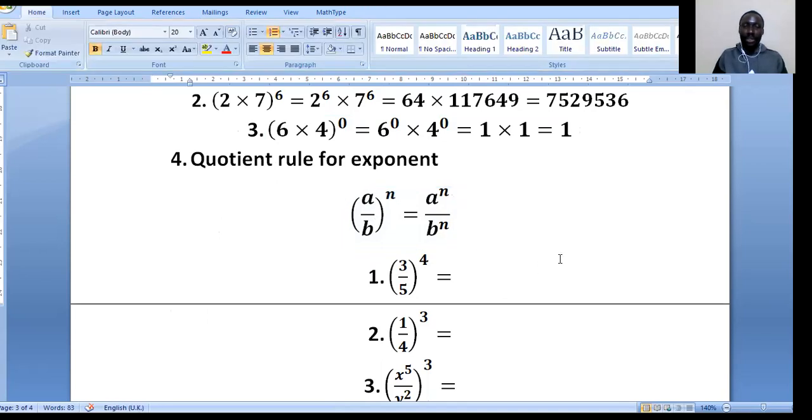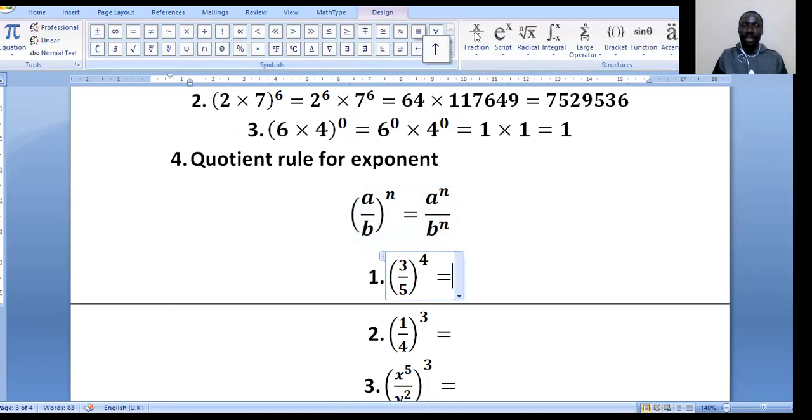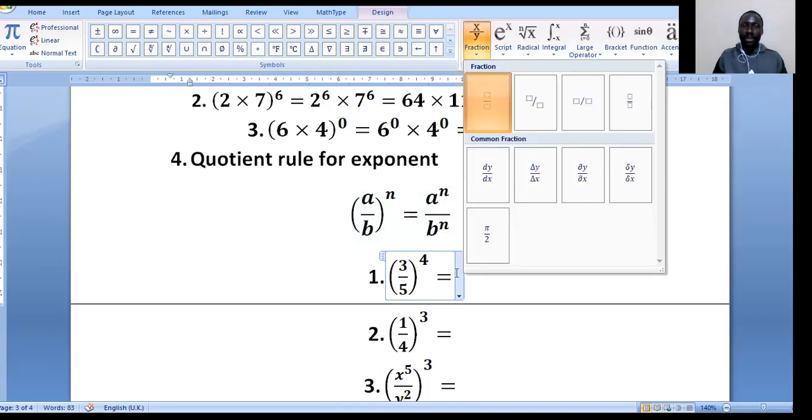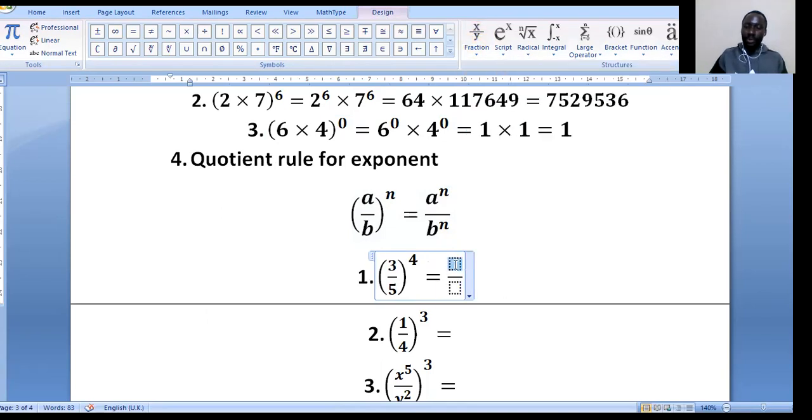And so that means for this question, 3 divided by 4, we'll then be having 3 divided by 4 first, like that. Then 3 will be raised to exponent 4. Then also, sorry, this is 5. This is 5, which also has got to be raised to exponent of 4. Like that.